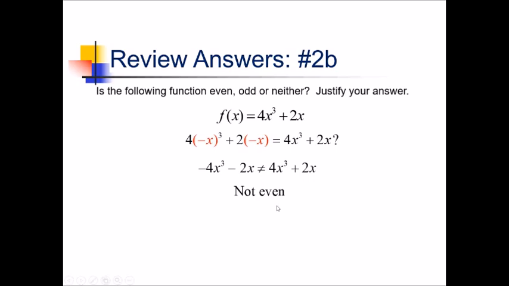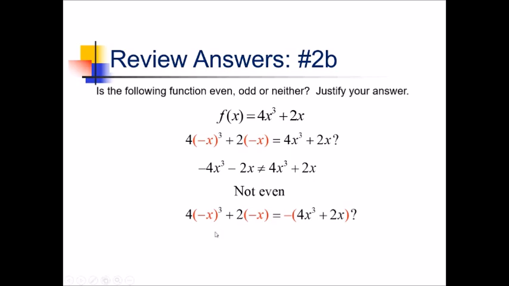So the next test for testing if it's an odd function is going to start the same way. We're still going to plug in negative x for all the x's. But now we're trying to figure out if doing that gives me the exact opposite of f of x, of what I started with. If f of negative x equals negative f of x. Algebraically, we're asking, does this stuff give me what I would have gotten if I took the original and multiplied everything by negative 1?